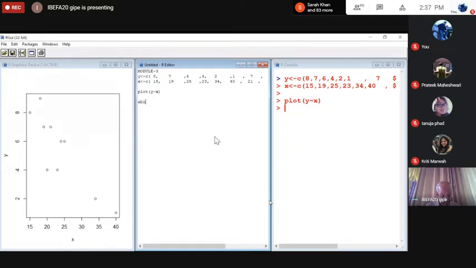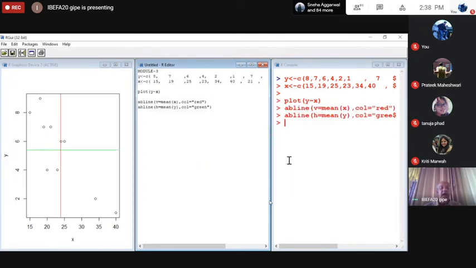If I plot the arithmetic mean of X and Y, I get both the arithmetic means on the graph.